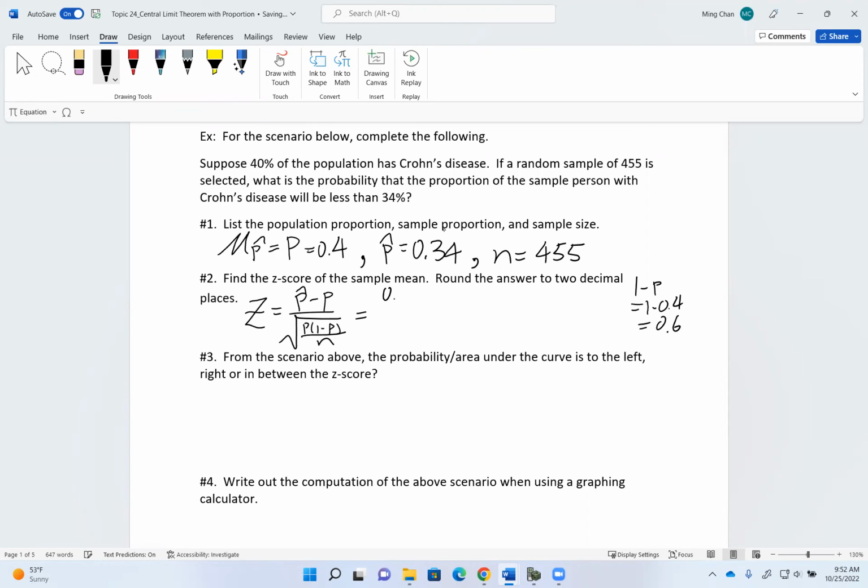So 0.34 (p hat) minus p, divided by the square root of p, which is 0.4, times 1 minus p, which is 0.6, divided by n, which is 455.